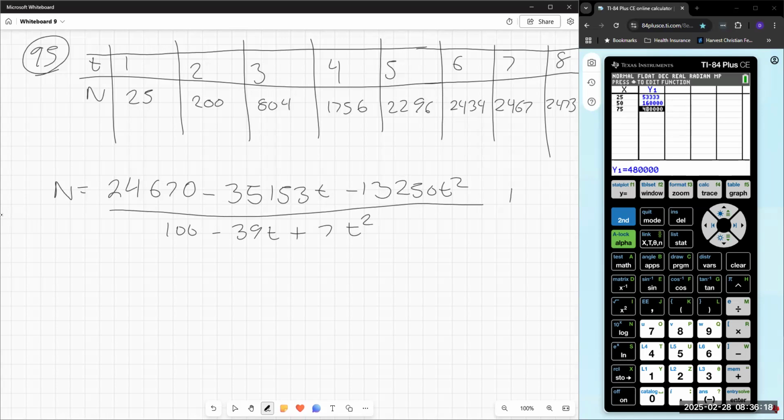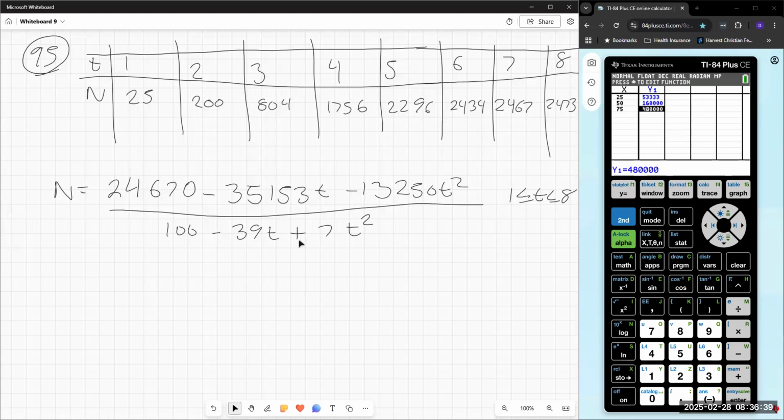And we're told that T is between 1 and 8 for that model, because that's our chart right there, right? So really this model, we only know for sure that it works within the data that we were given.